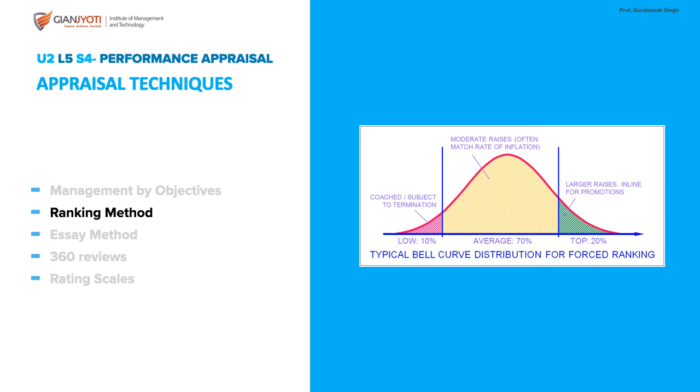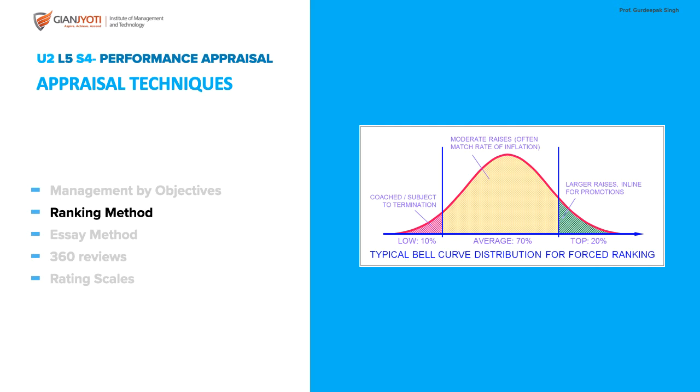We put in the first group, which comprises around 10%, those who are not doing very well. So on the left hand side, you see that these are the people who have been coached and maybe they have to be replaced by the new sales force.